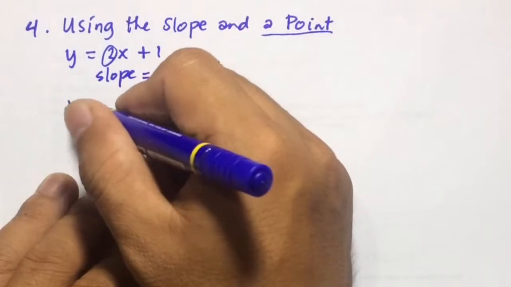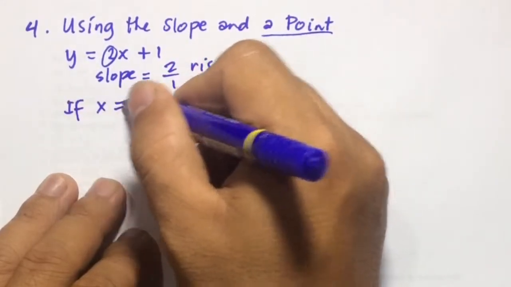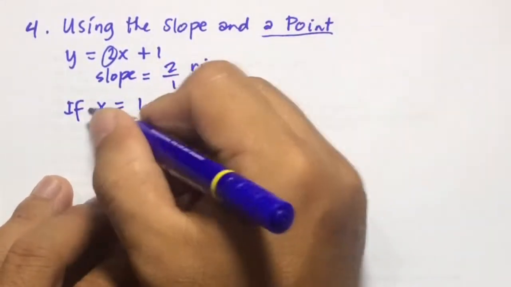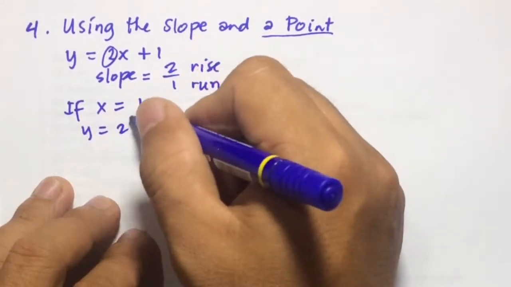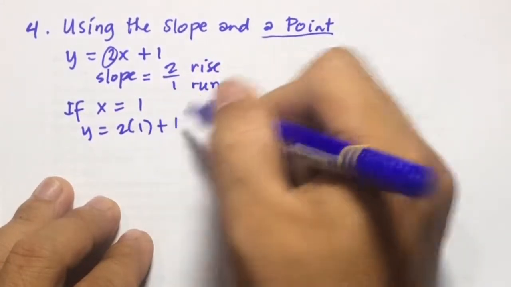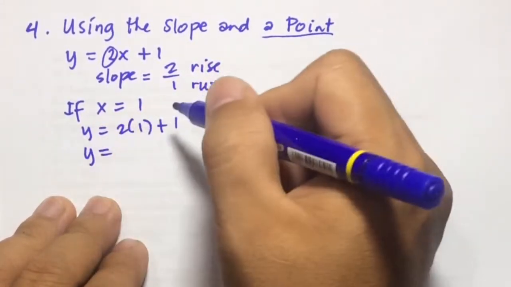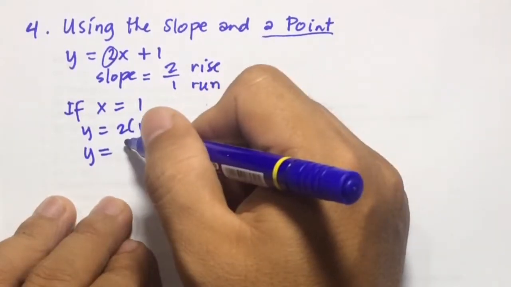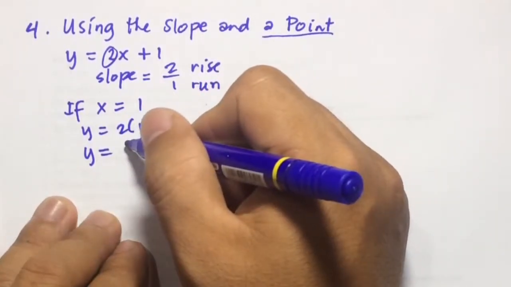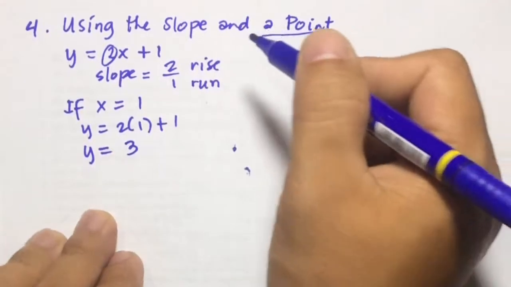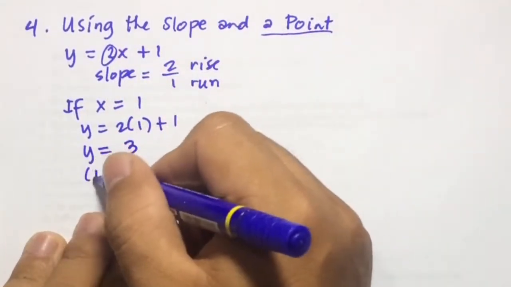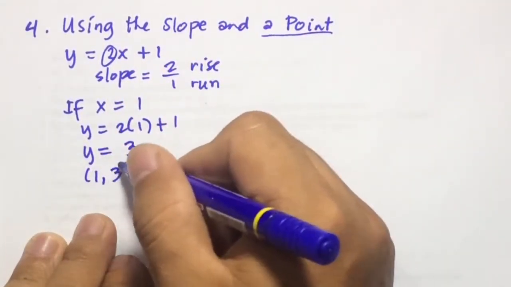So for example, if x equals 1, then y equals 2 times 1, plus 1. Then y here will be equal to 2 plus 1, which is equal to 3. So the point here will be (1, 3).